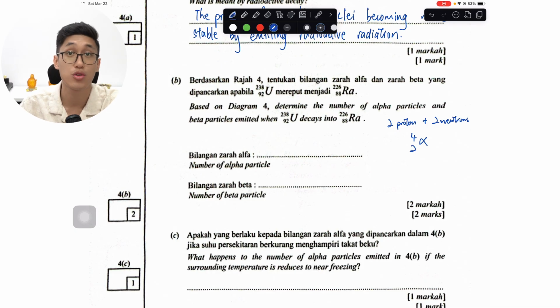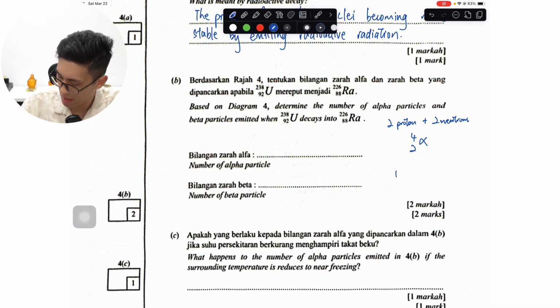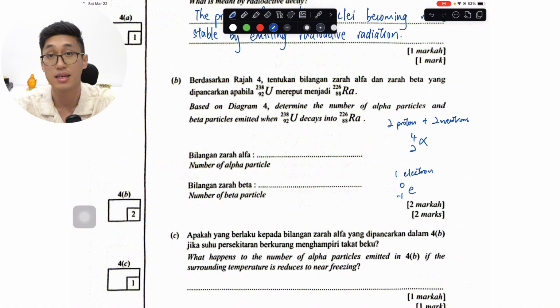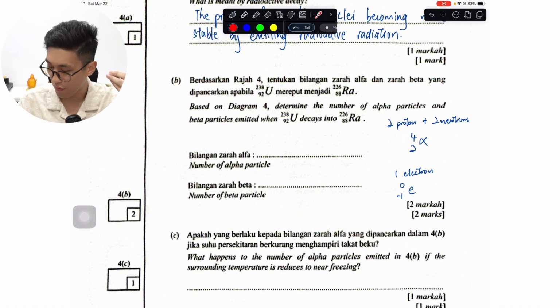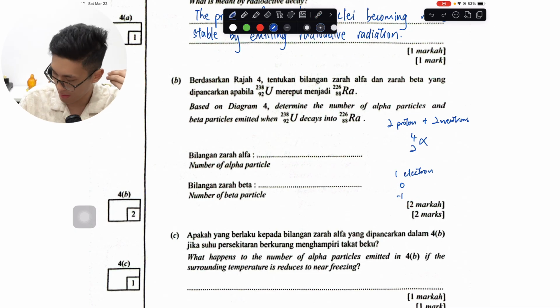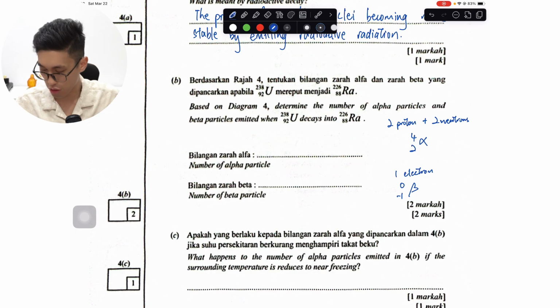Or it is actually also known as helium nucleus. Now for beta, beta is 1 electron, which we can write as 0, -1 e. Yeah, so this is how you write the notation for alpha, and this is how you write the notation for beta. Of course, you can write beta as well if you don't want to write e for electron.